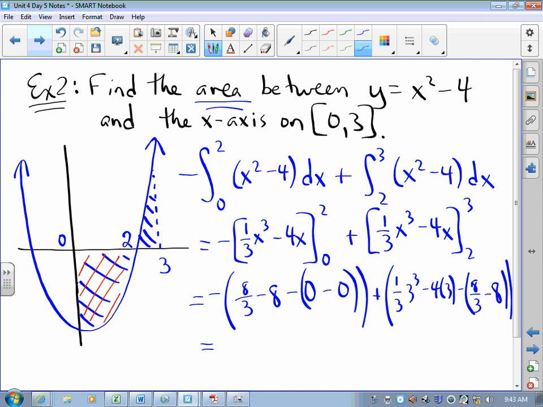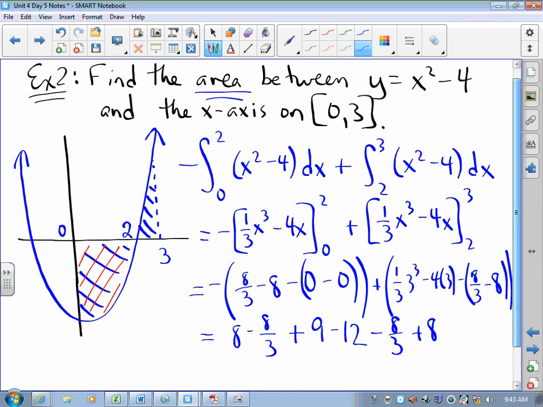So what does that give me? That gives me an 8 minus an 8/3 on the front end. It gives me 27/3, which is 9, minus 12, minus another 8/3 plus another 8.